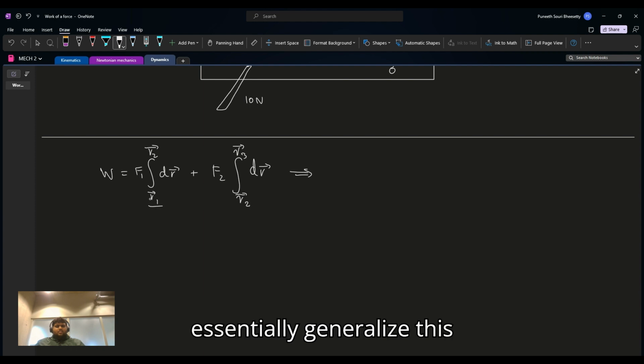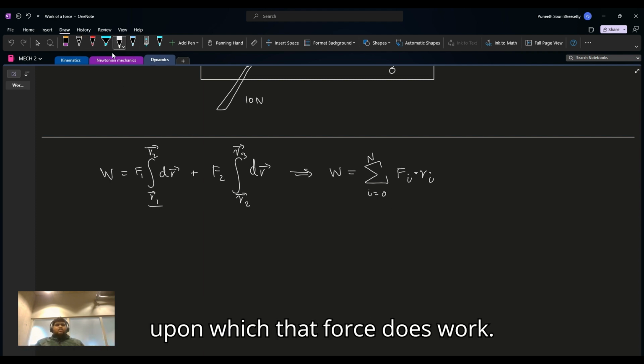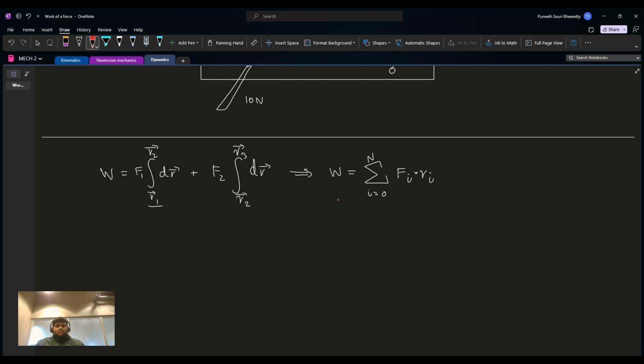So we can generalize work as the sum of all forces times the distance over which that force does work.